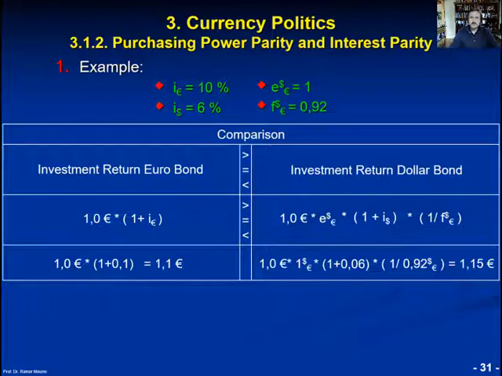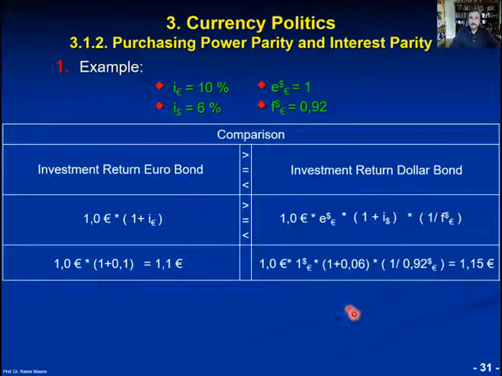This means an investment in the dollar area is more profitable than an investment in the euro area, even though the interest rate in the euro area is higher than the interest rate in the dollar area.